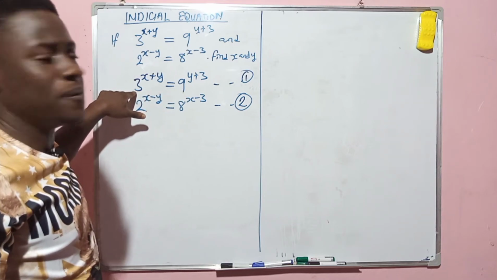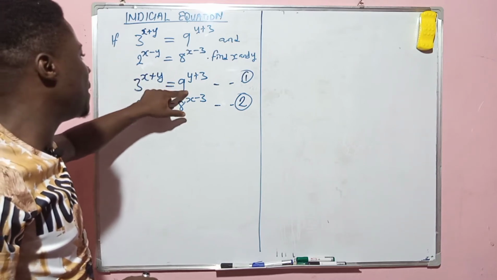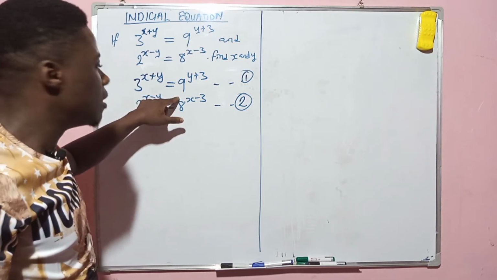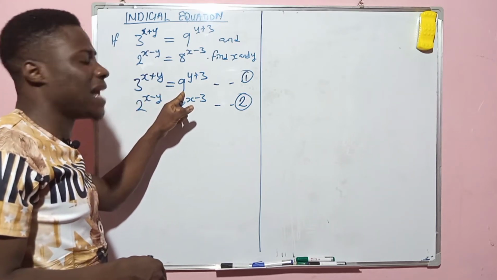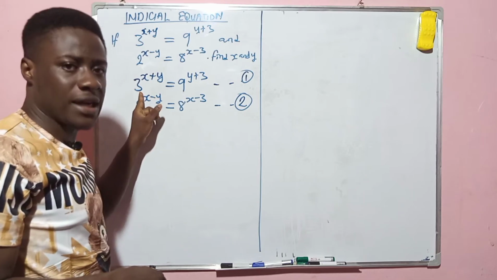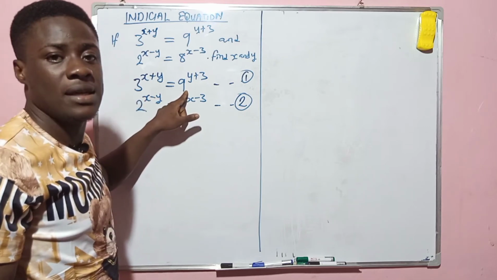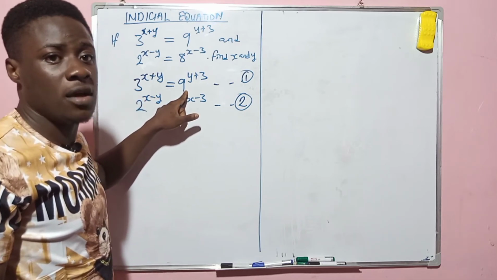How do I make the first equation have the same base? Already the 3 here is the least base in this equation 1. So I will try and make 9 to be in the base of 3. Automatically, I can do that because 9 is a multiple of what? Of 3.